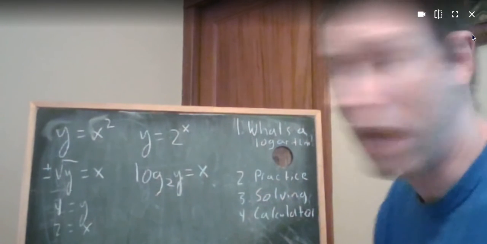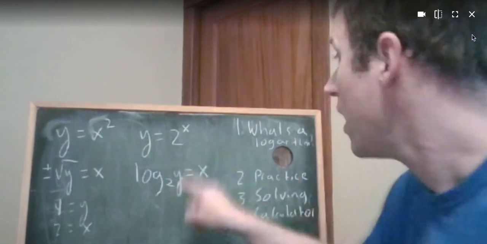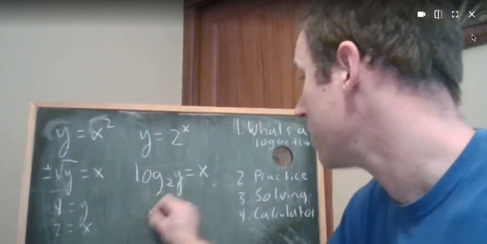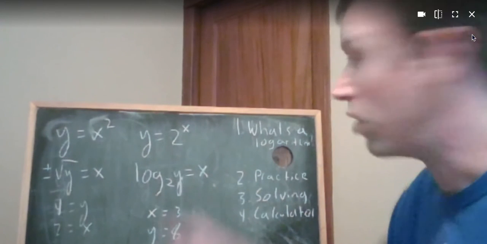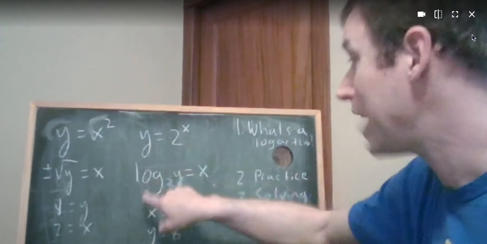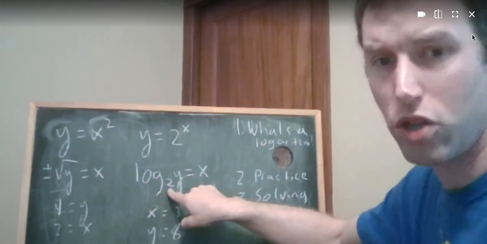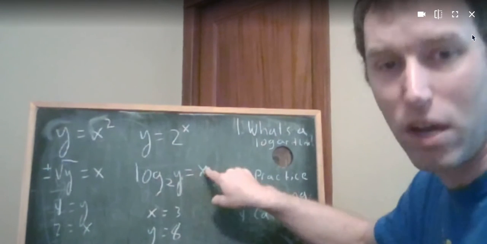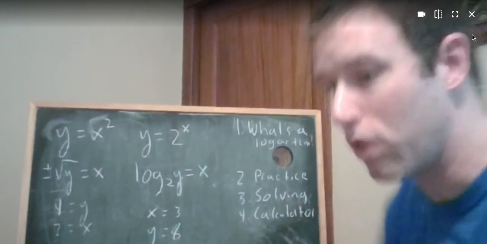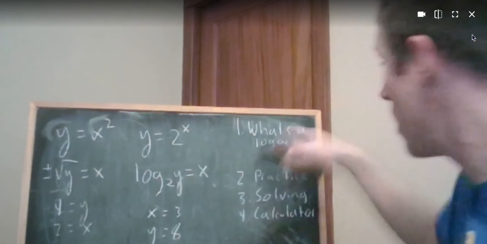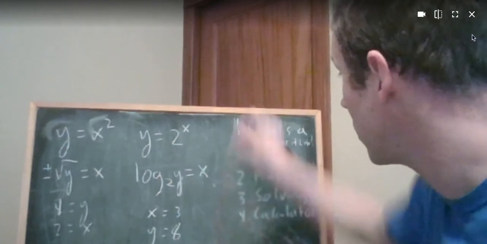This works for both cases. The same way here, if x is 3 and y is 8, these are both true. 2 to the third power equals 8. The log base 2 of 8 equals x. So that's what a logarithm is. It's the inverse of an exponential function. That takes care of step 1.